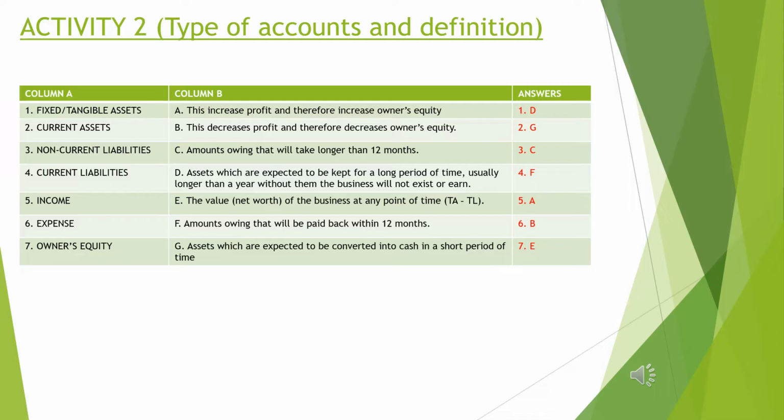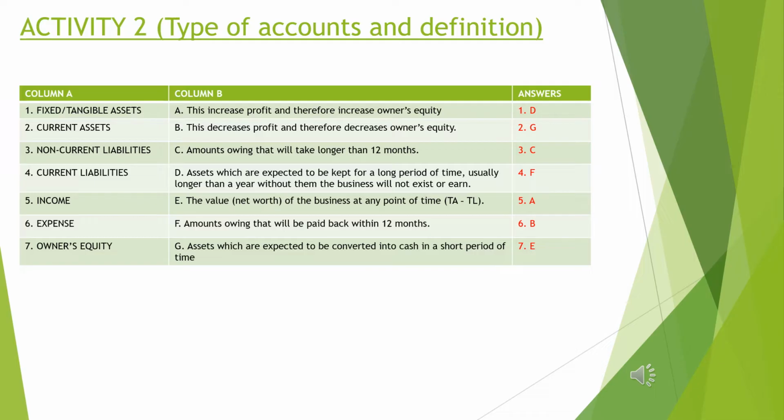So it's an increase in profit, and that increase in profit will result in more money that the owners are able to distribute amongst themselves in the form of dividends. So we are looking at a type of account that will increase profit, that will also increase owner's equity.